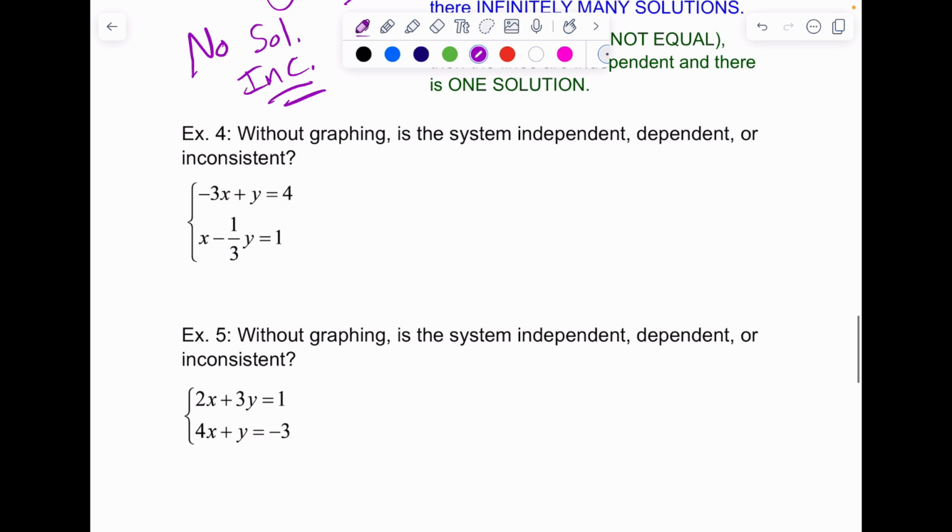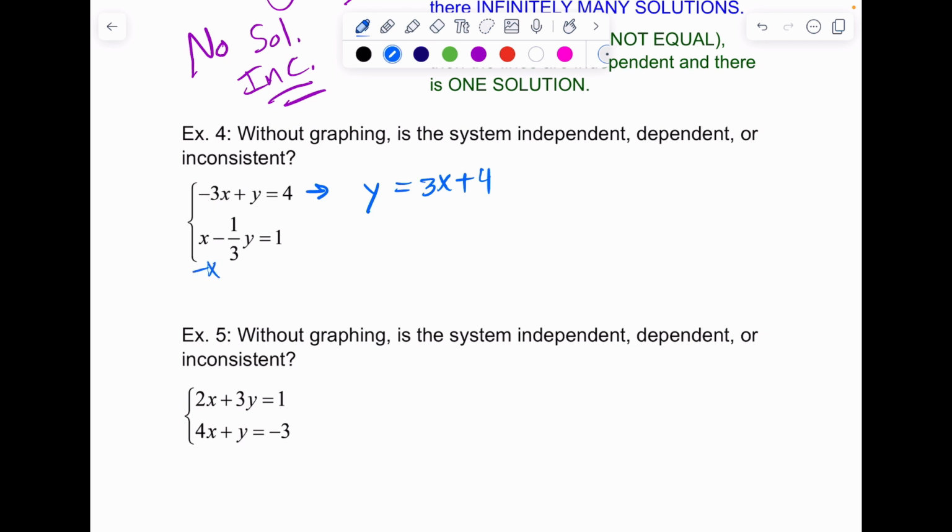Let's try on our own. Without graphing, is the system independent, dependent, or inconsistent? Let's first solve for y here by adding over that 3x. And then here, I'm going to subtract the x and then multiply by a -3.